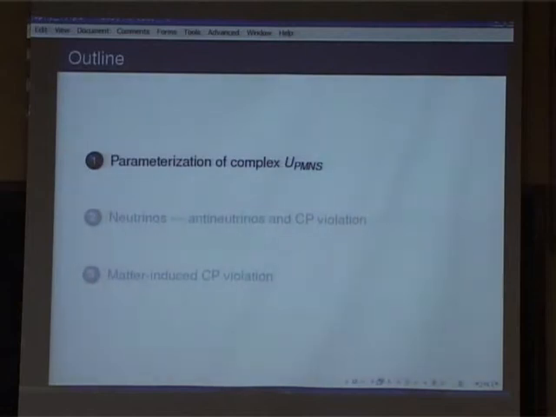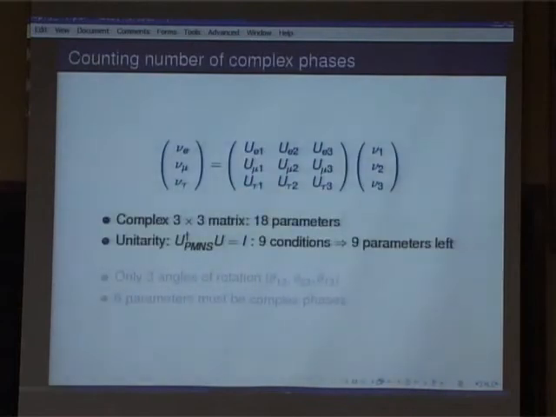What we know is if the matrix was real, it has 3 mixing angles. That's all we know. So let's see how many parameters actually are there in this matrix. So U is a 3 by 3 matrix, so 9 elements. In general, all elements should be complex, so there should be 18 parameters. Okay, each of these elements actually is 2 parameters. However, U is not any random matrix.